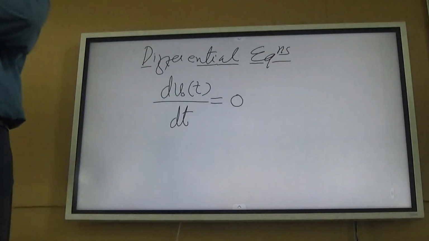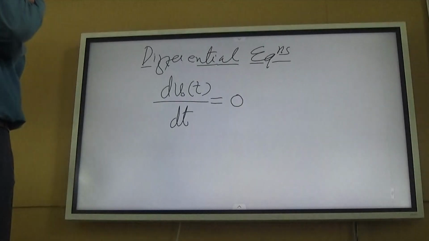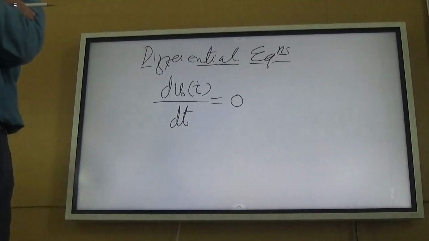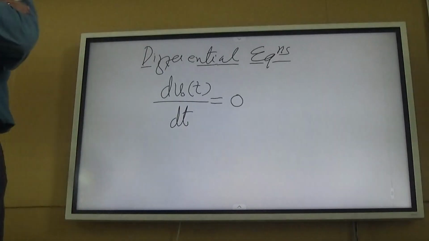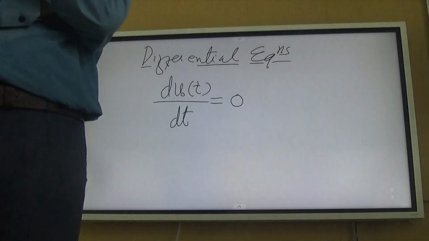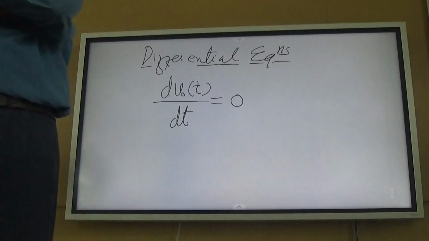Is it a differential equation? Yes, it's a differential equation. So V(t) is the term for which we are constructing equations. Now you construct a simple equation which is not a differential equation. So how will you construct?